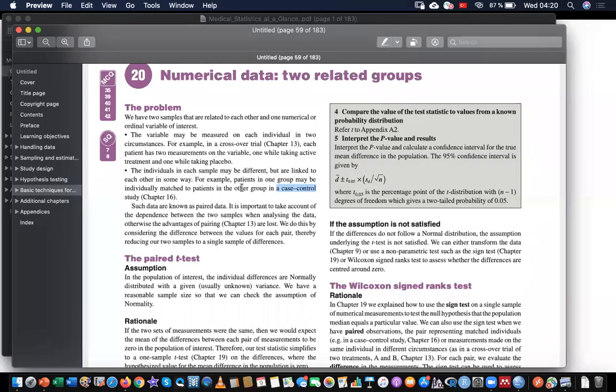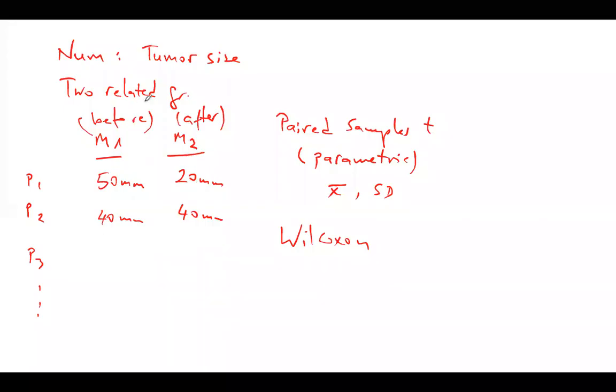Okay, so also in match case control studies, you have the problem of two related groups. Let me repeat, just because we just started to record the session.